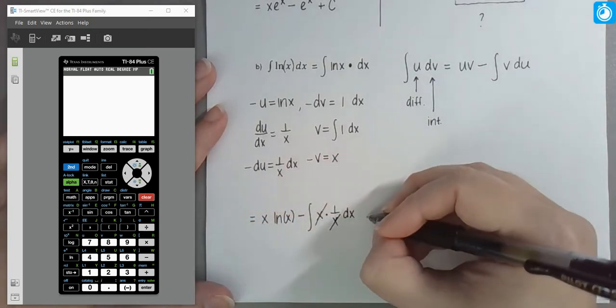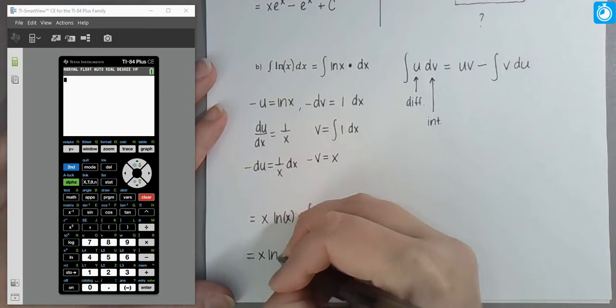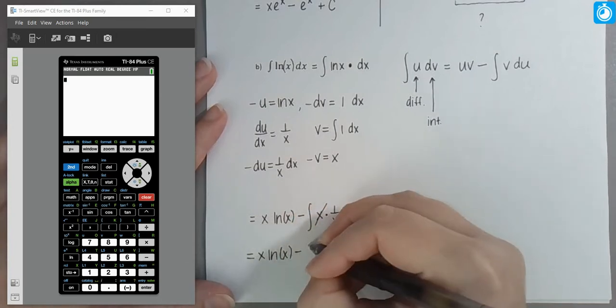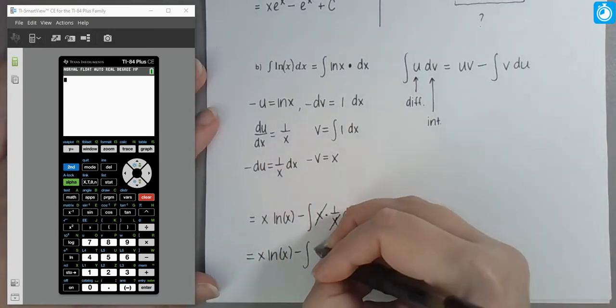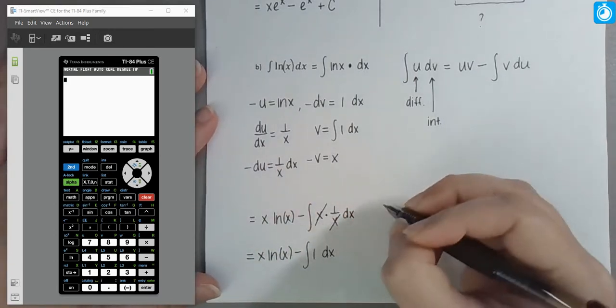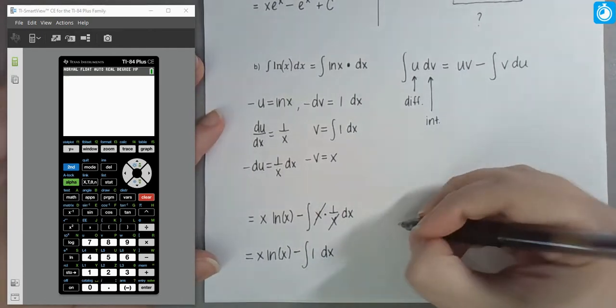So what we're actually left with is x times the natural log of x minus the antiderivative of what? Of just 1 dx. And that is really basic. That's one we can actually do just using what we know about our standard antiderivative rules.